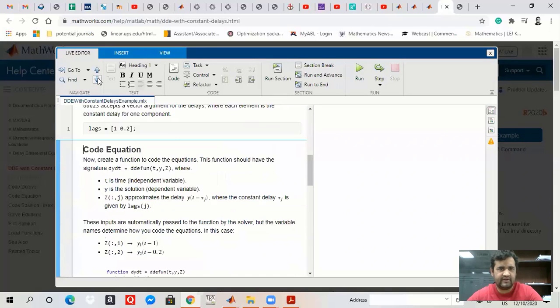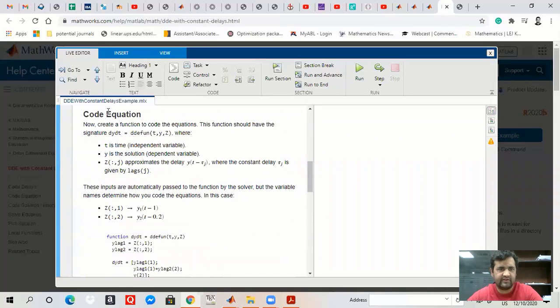Next, you have to code your given delay differential equation, and you have to use this signature. Here t is, of course, your independent variable, the time, and this is the solution for your delay differential equation, and this will approximate your delays.